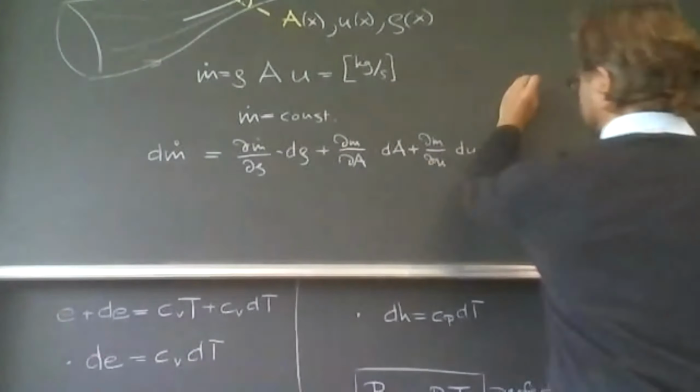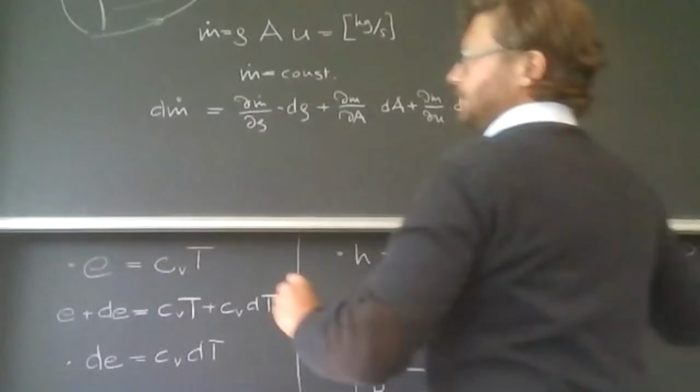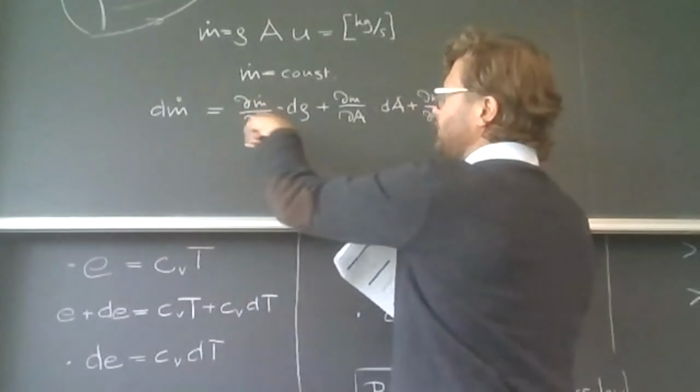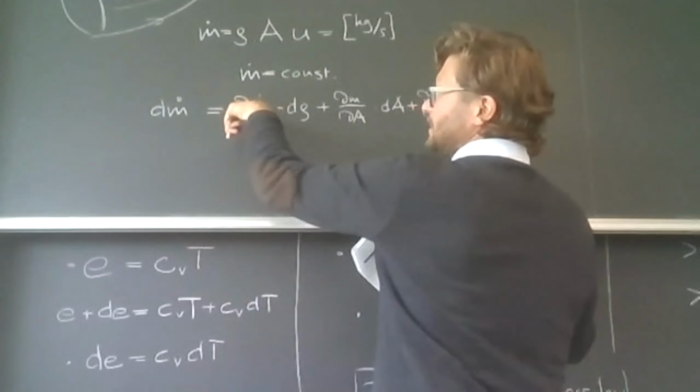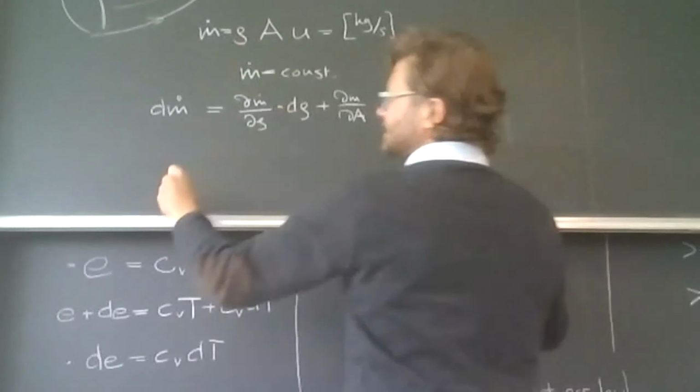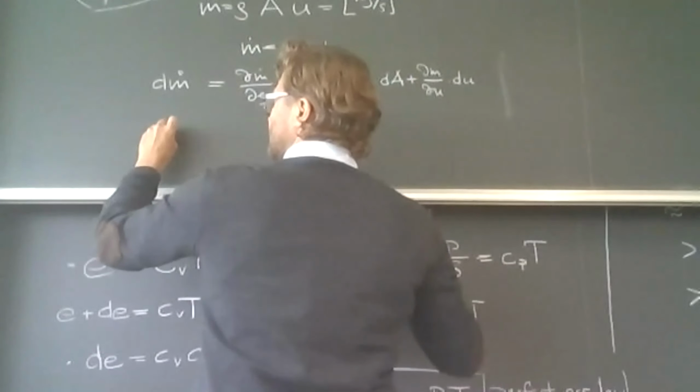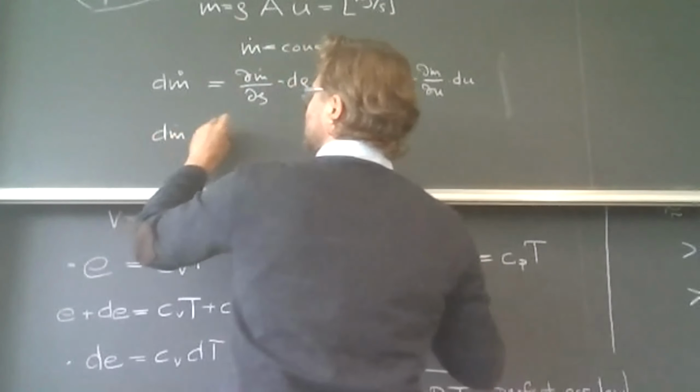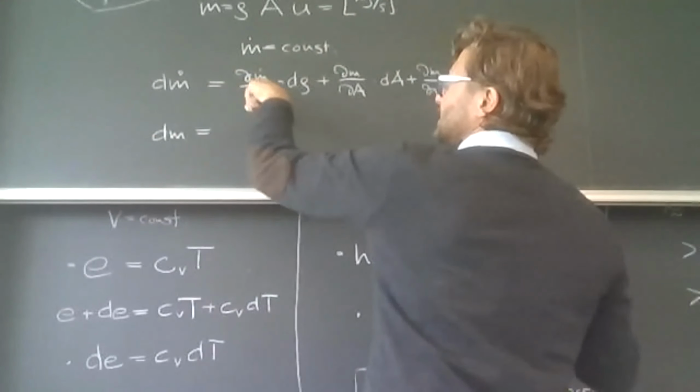And well, we can actually evaluate these differentials, right? We can just say what dm dot d rho is. So dm dot equals dm dot d rho.